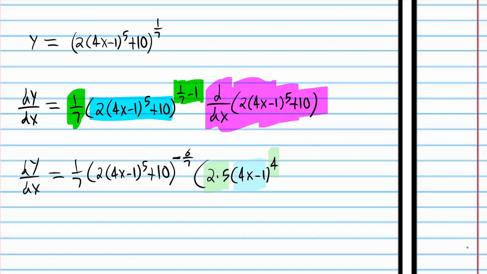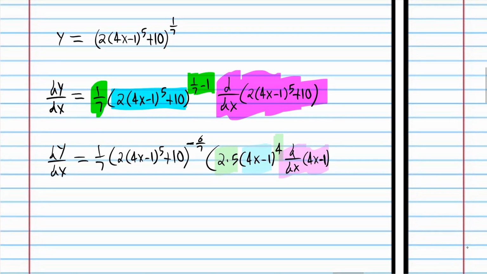And then we're going to multiply by the derivative of the inside function, which is 4x minus 1. Sorry, that's kind of sloppy.